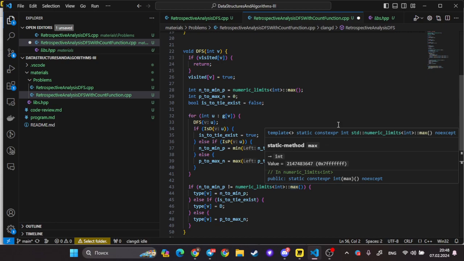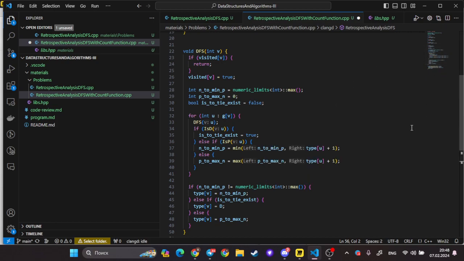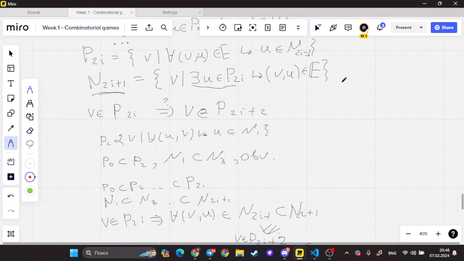If you understand this approach correctly, in the future you will understand some topics more easily.